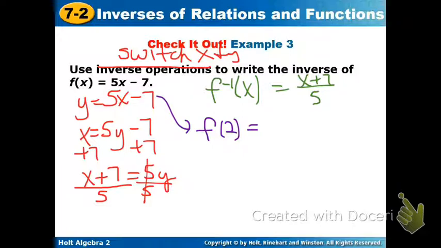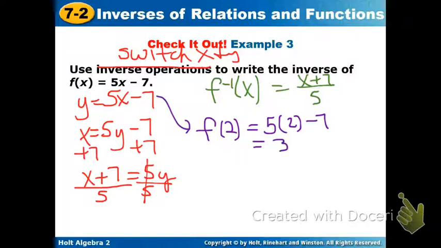So I'm going to have 5 times 2 plus 7. Oh, no, that's why it's minus 7, guys. There's something wrong. Okay, 5 times 2 minus 7 is 3.